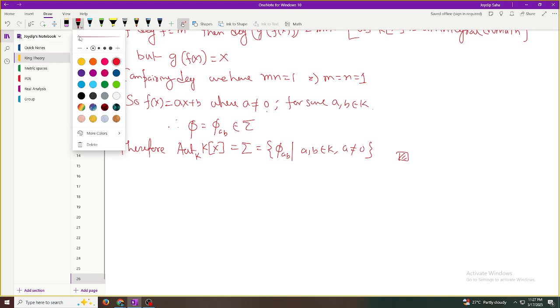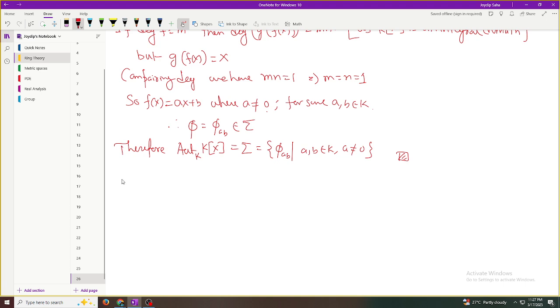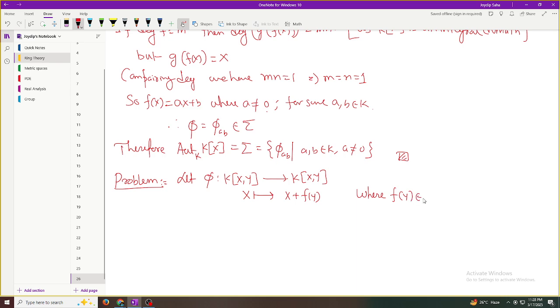At first check this problem. Let us consider phi from k[x,y] to k[x,y], x goes to x plus f(y), where f(y) belongs to k[y], and y goes to y.